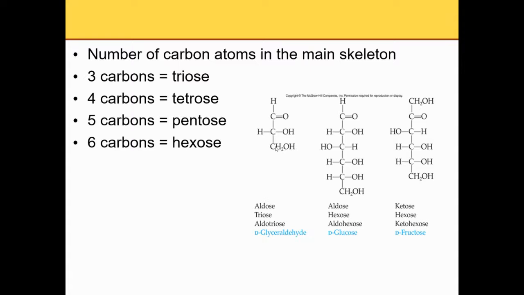If there are 3 carbons, that's a triose. With 6 we have a hexose. Here is CHO, that's an aldose, an aldohexose. And this one, with CH2OH, is the ketose. This is glucose, and this is fructose.